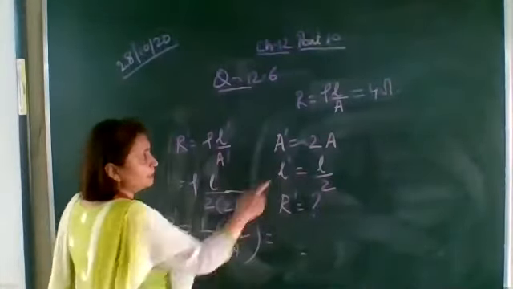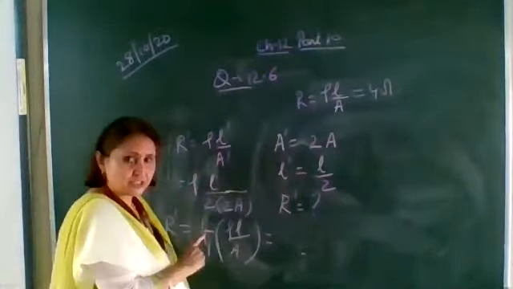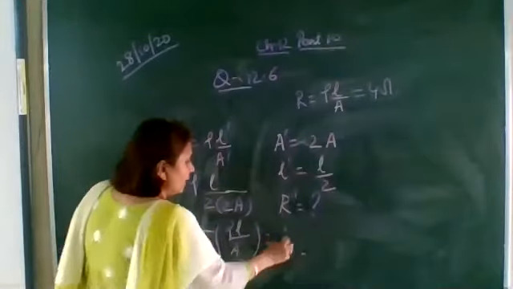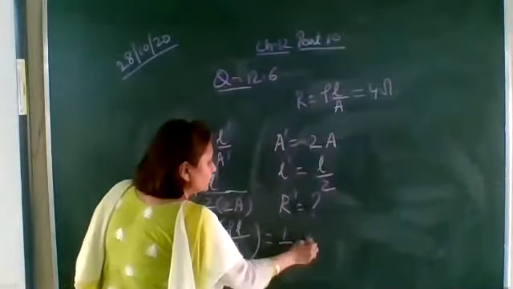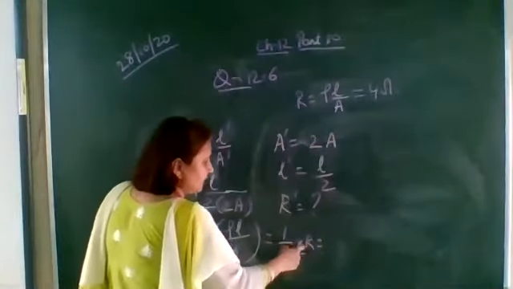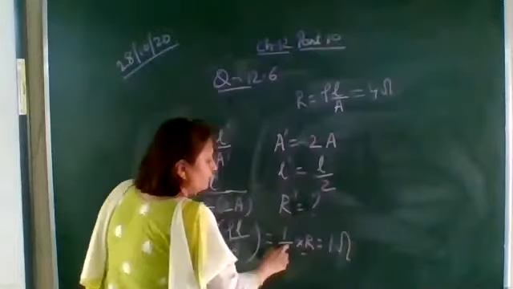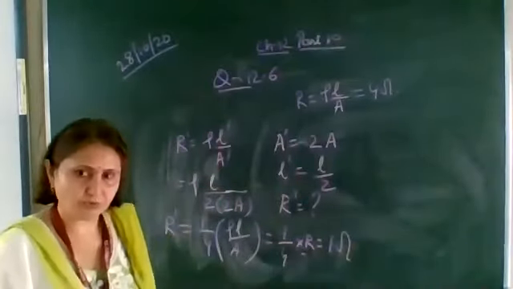What is this rho L upon A? It is the original resistance, which is 4 ohm. So 1 upon 4 into 4 is 1 ohm.